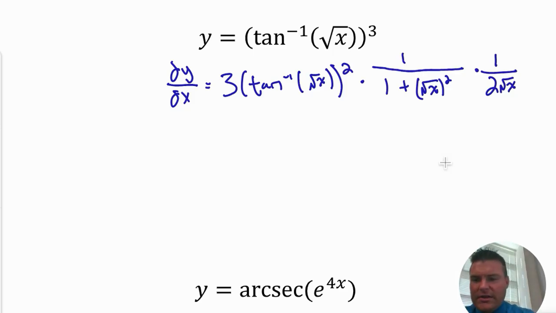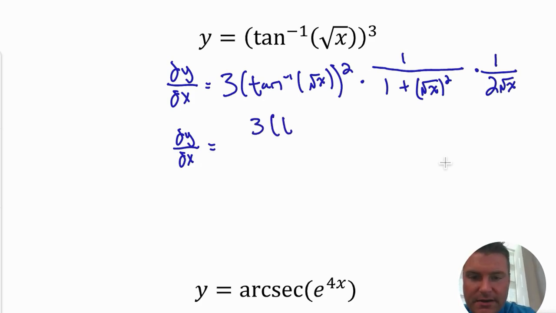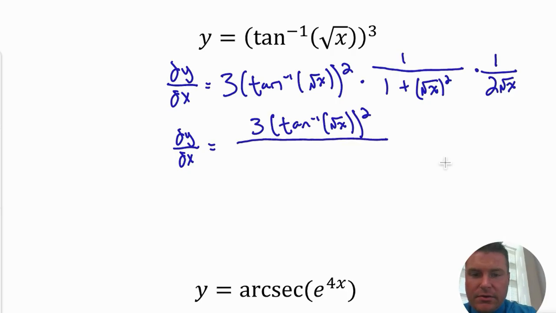Very minor cleaning up here. It's just going to look ugly, but that's okay. You don't need to do too much cleaning up here. The only cleaning up I'm going to do is put this 3 arc tangent squared on top in my numerator, all over this 2 root x out in front, times 1 plus root x squared, which is actually going to equal 1 plus x.